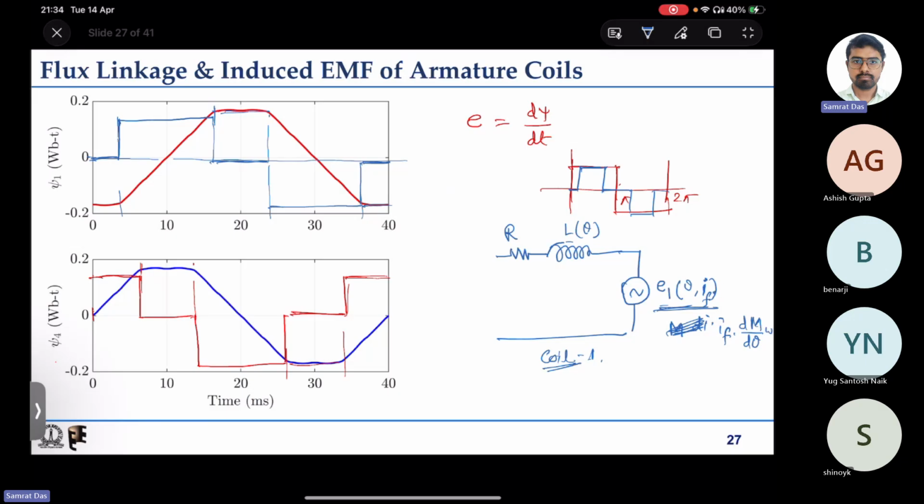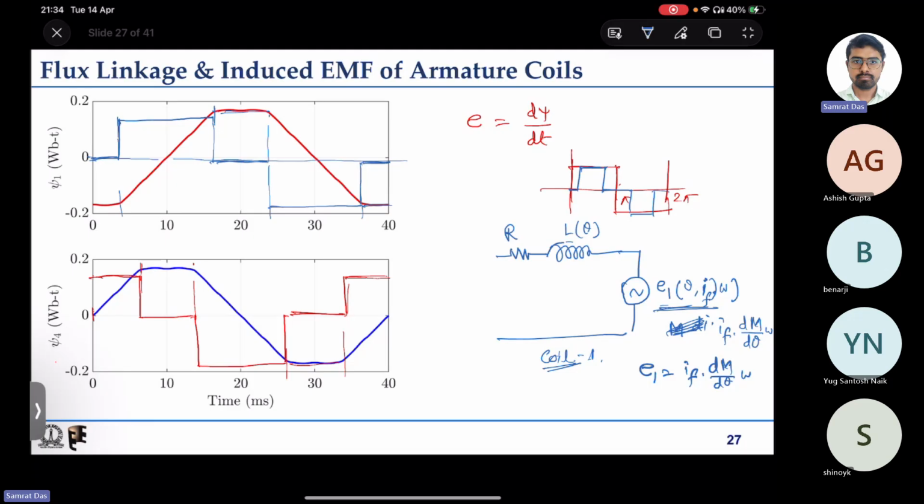So this induced EMF depends on the speed, the field current, and the rotor position. So E1 is given by the field current times dM by d theta times omega, where M is the mutual inductance between the field winding and coil 1.